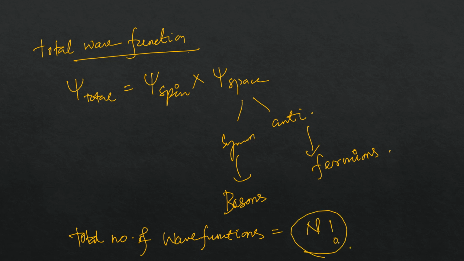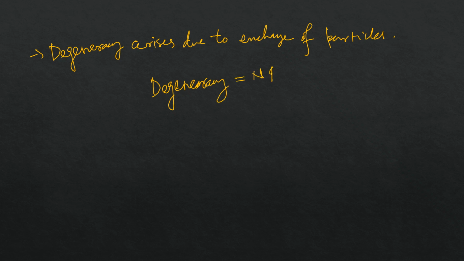Next, degeneracy arises due to exchange of particles. So the degeneracy formula is: degeneracy is n factorial.